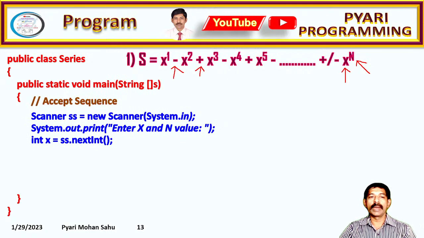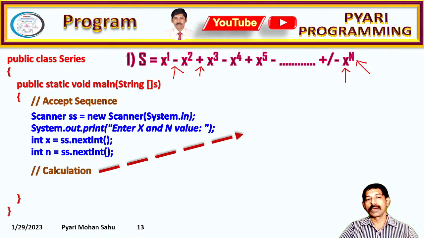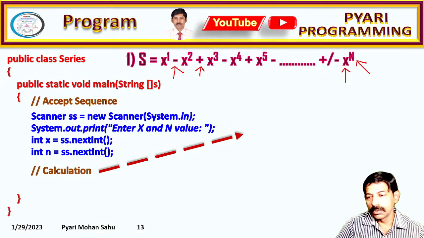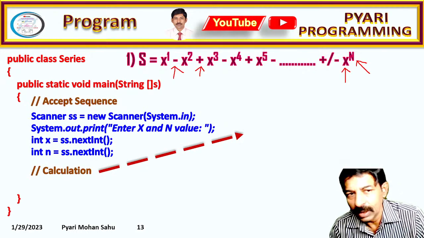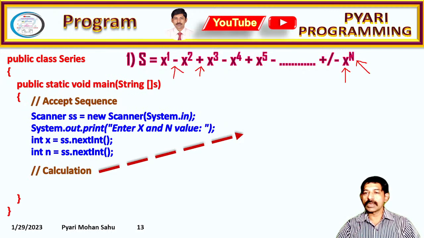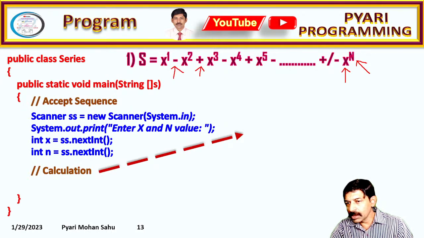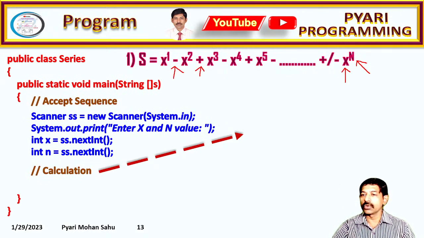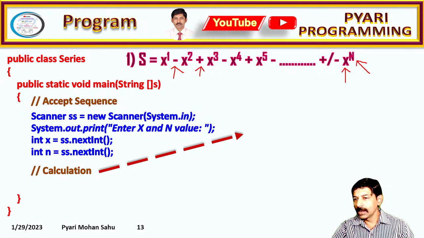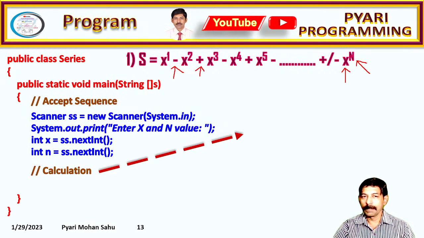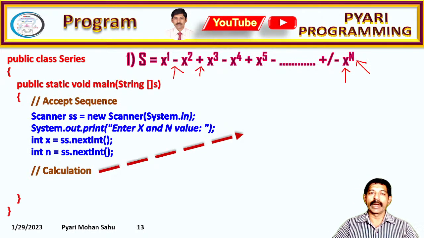Now after accepting the x value and n value, my calculation process will start, which is the main part of any programming. Now in the previous live class also we did this kind of thing. Now Priyambada Sahu says int i is equal to 1, i is less than equals to n, i plus plus. So that means C wants to say that my loop will iterate based on the above value.